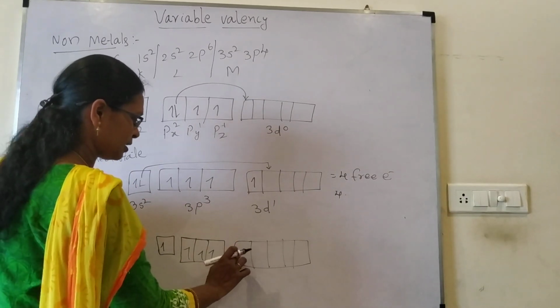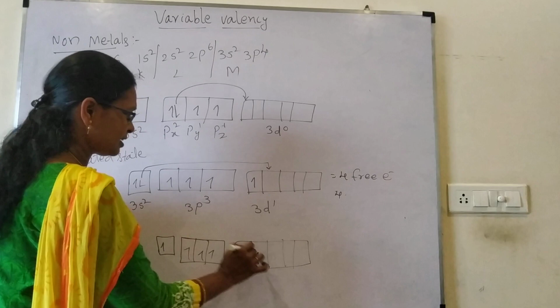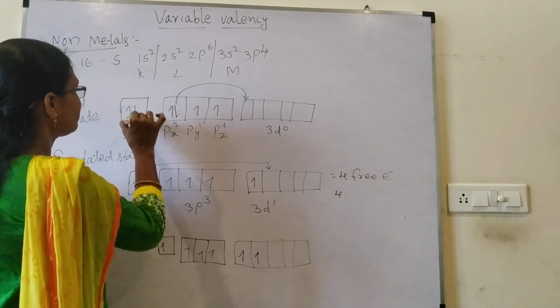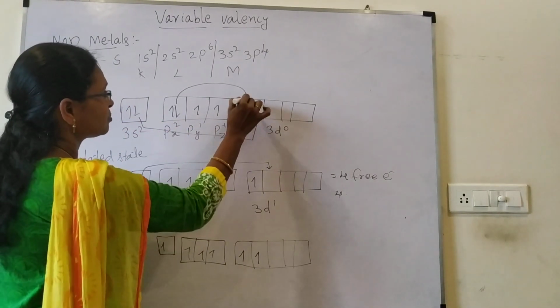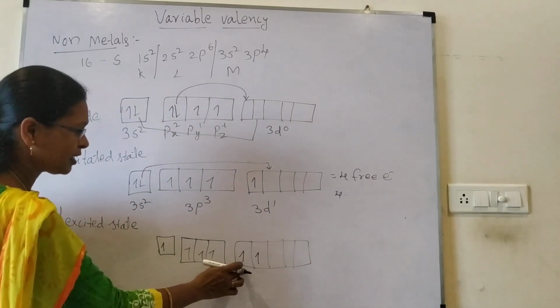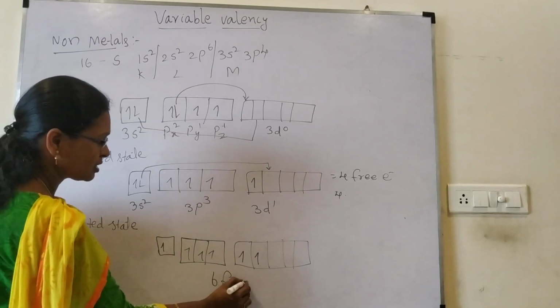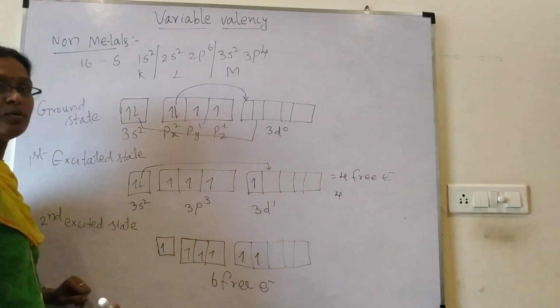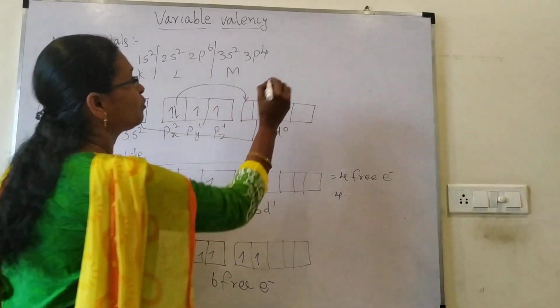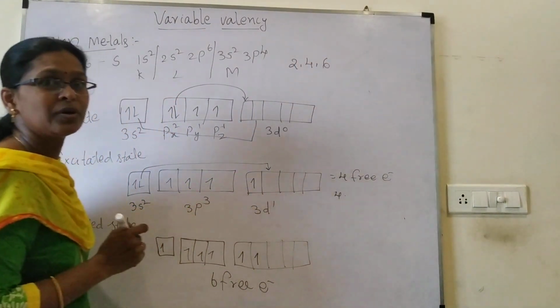Again this electron will come here; already one came here in the second one. This also will come, this will come here, so 1, 2, 3, 4, 5 and 6. So total how many free electrons are there? 6 free electrons. So now sulfur can form variable valencies 2, 4, 6.